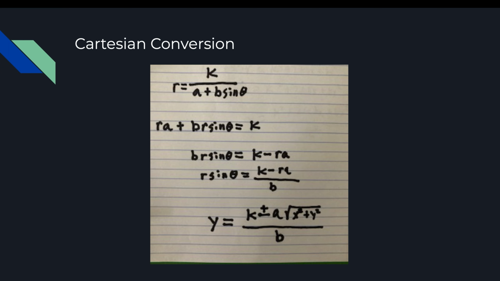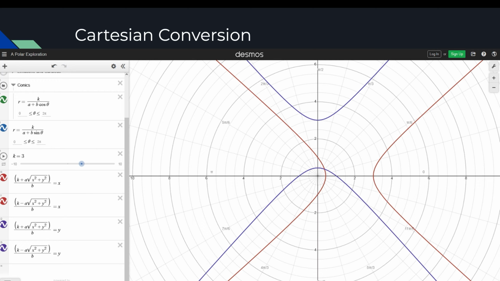So pretty simple. If we take a look over here, in red we have the cosine function equations in Cartesian form, and in purple we have the sine functions.